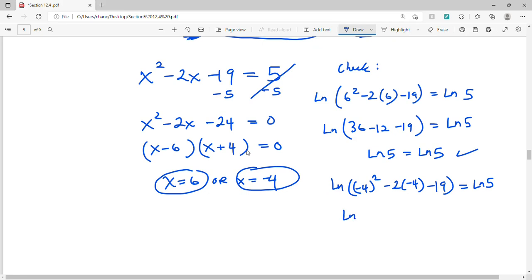This is the natural log of 16 plus 8 minus 19. And so, if we look at this carefully, it's true as well. So the natural log of 5 is in fact equal to the natural log of 5. Both of these answers are good, but we have to check because this is a logarithmic equation.